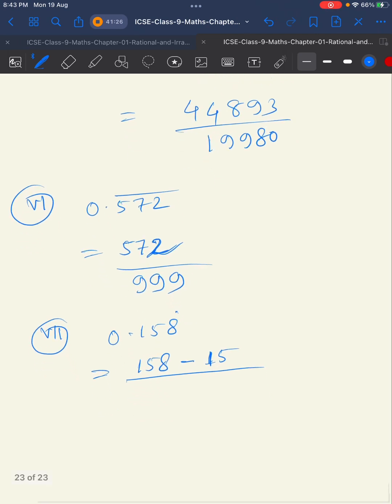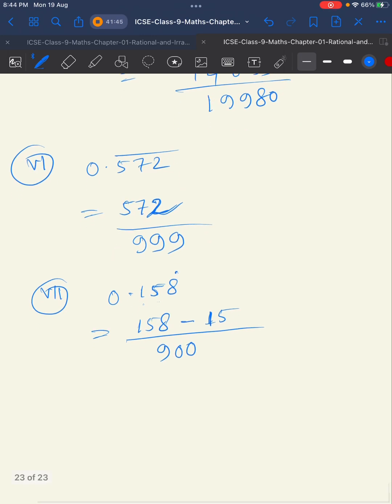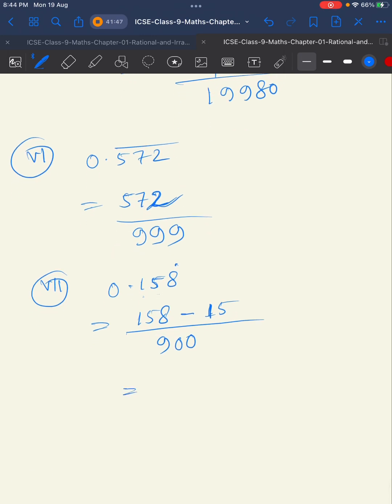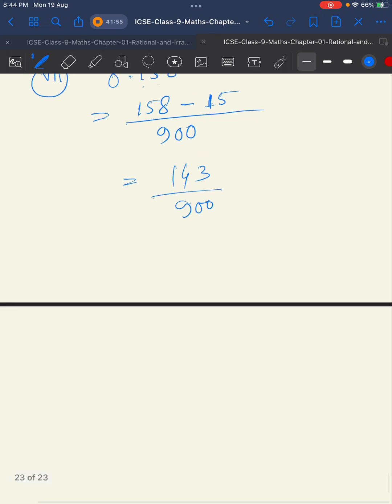Then subtract, and in the denominator for the digit which has bar, 8, we write 9, and after the decimal there are two digits, 1 and 5, with no bar, so we write 0 0. Now we subtract, then we will get 341 by 900.